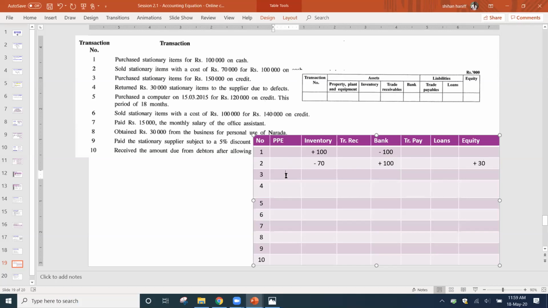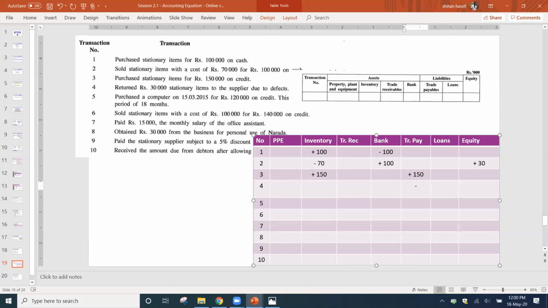Number 3. Purchased stationery items for 150,000 on credit. Then we are getting 150,000 worth of stationery on credit, which means creditors will increase by 150,000. Return 30,000 of stationery items to the supplier due to defects.